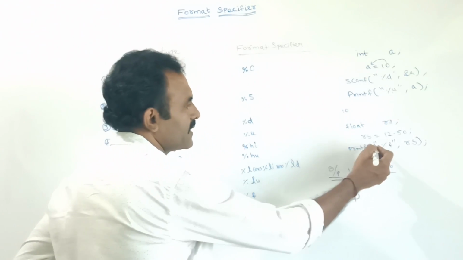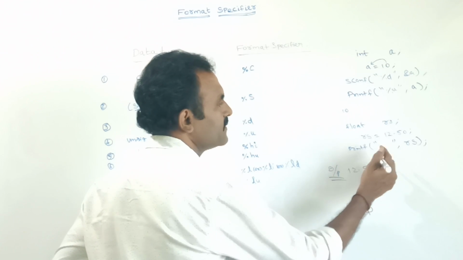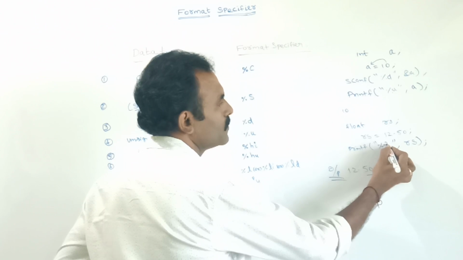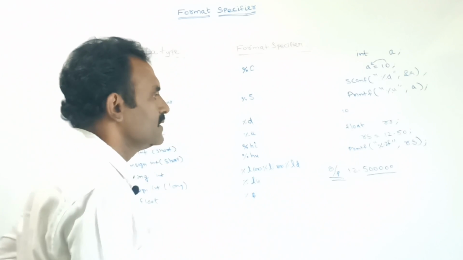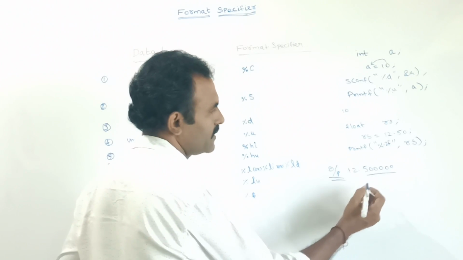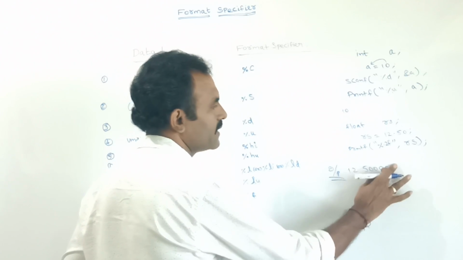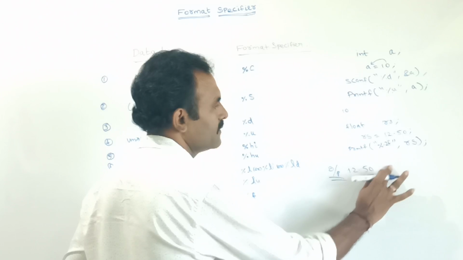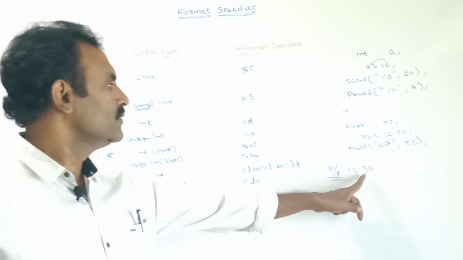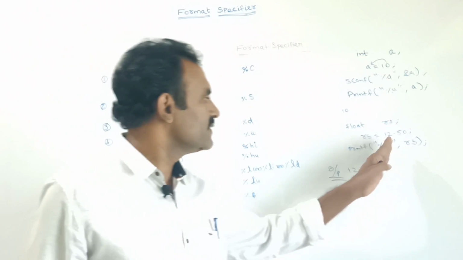Instead of percentage %f we can use percentage %.2f. That means it will take the precision value of only 2 digits. If you give %.2f, the output will be like this: after the decimal point 2 digits, that is 12.50. So in this way we can print.